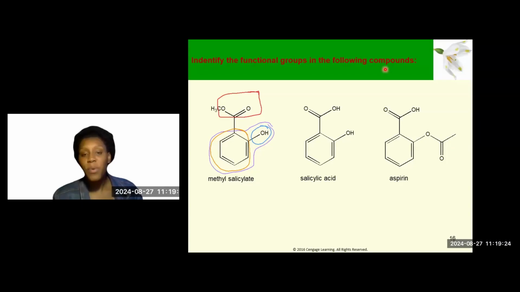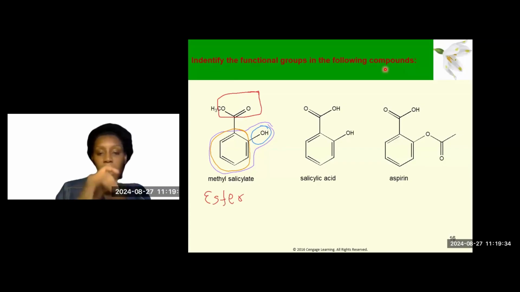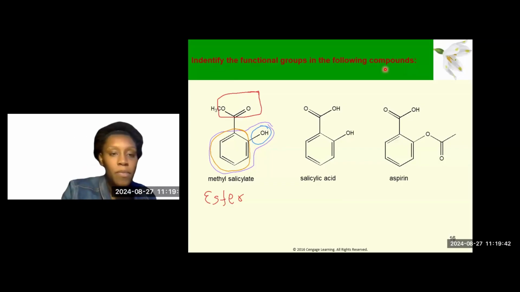So with the first one, you have your ester, not to be mistaken for a carboxylic acid, because it has a carbon on the other side, not an OH group. That's an ester. Then we have our alcohol.